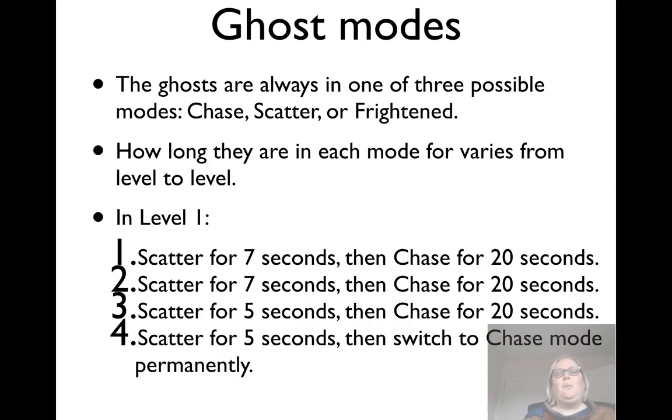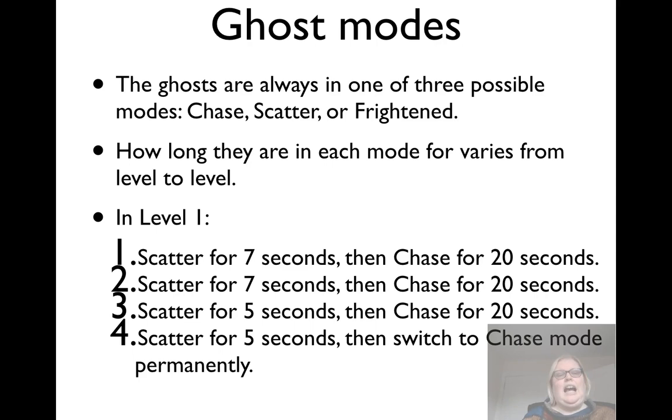The ghosts are always in one of 3 possible modes. They're always in chase mode, scatter mode, or frightened mode. How long they're in each mode for varies from level to level. So in level 1, they actually scatter for 7 seconds, then they chase for 20 seconds, scatter for 7, then they chase for 20, scatter for 5, then chase for 20, then they scatter for 5, then they switch to chase mode permanently.